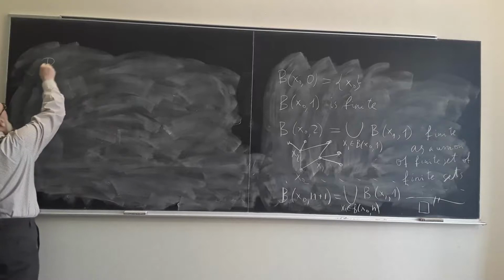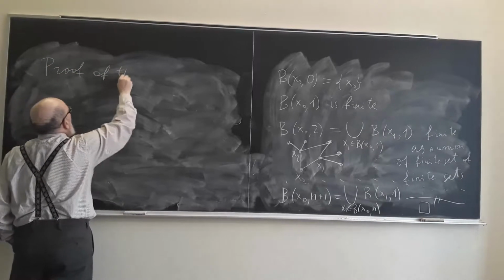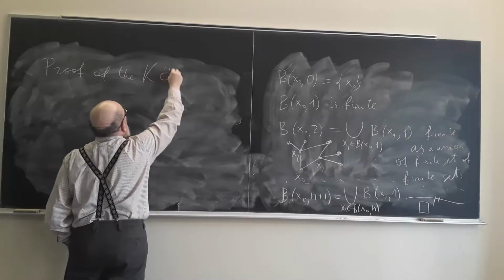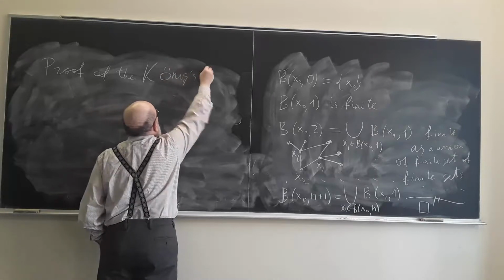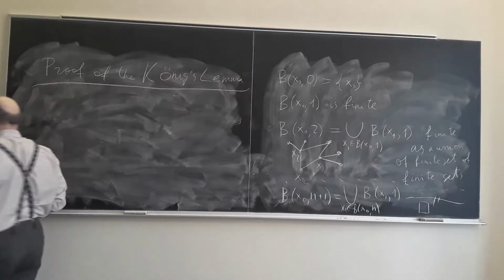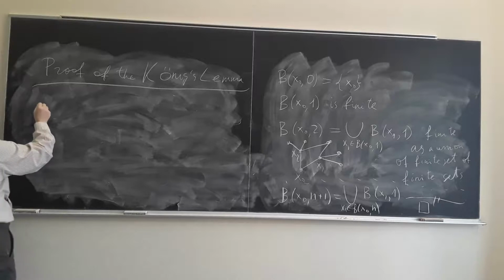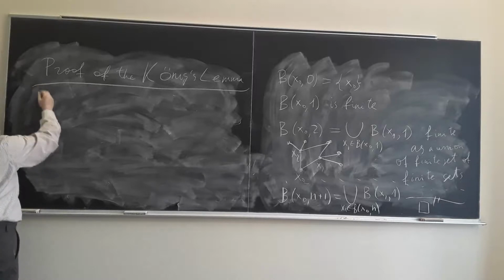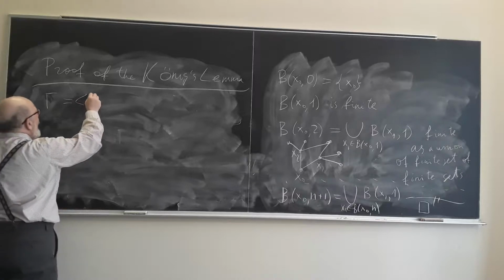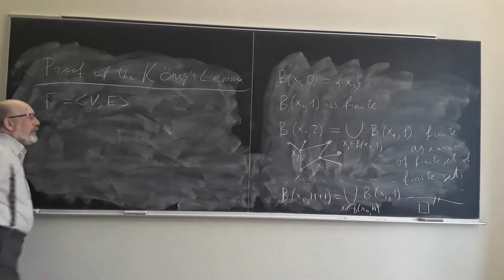Now we have to prove the statement for the string Z. Consider, so our graph is the set of vertices and the set of edges, this pair.